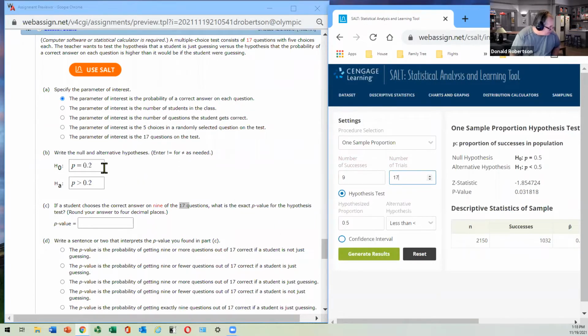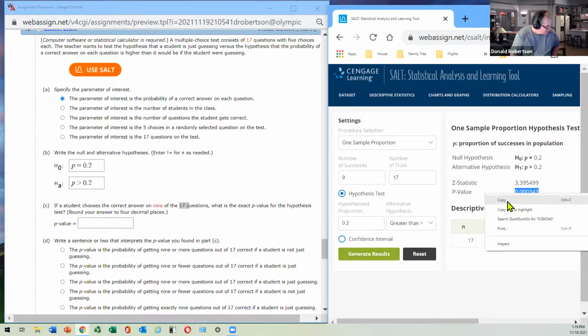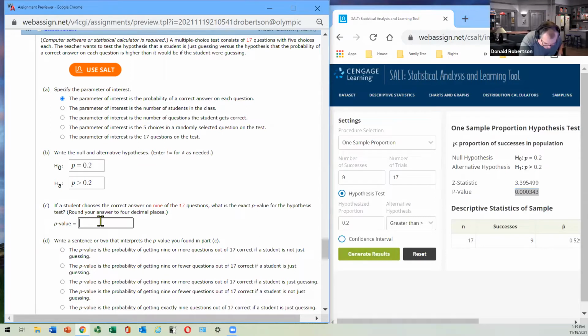And the hypothesis test is 0.2, and it's bigger. So if I generate results, I get a p-value of this fella here. And that's 0.003.